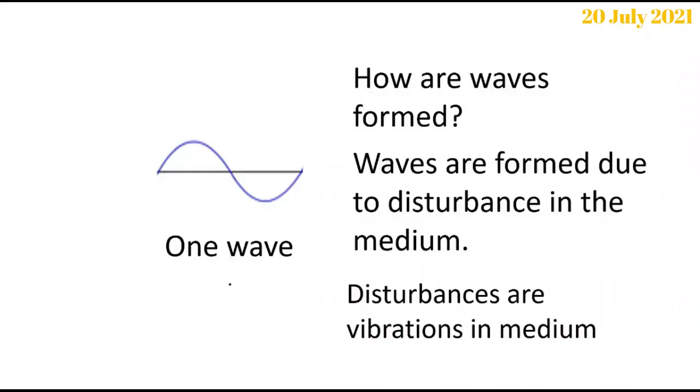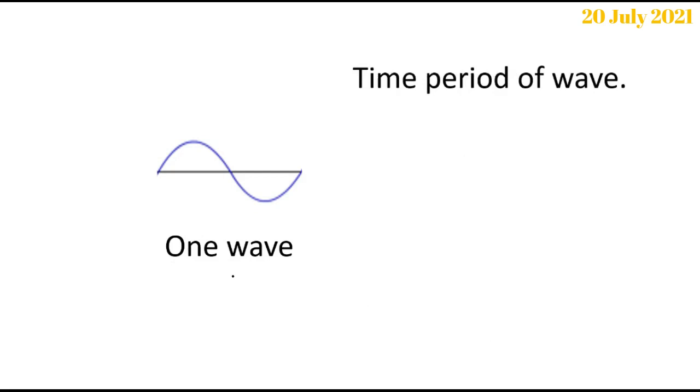Okay. Now quickly we shall see, in terms of waves, what we mean by time period and frequency. So recall, the time taken for one oscillation or vibration was the time period. Now can you tell me what is the time period here?